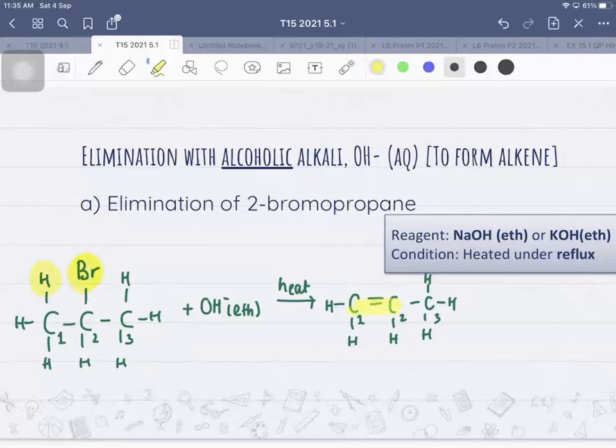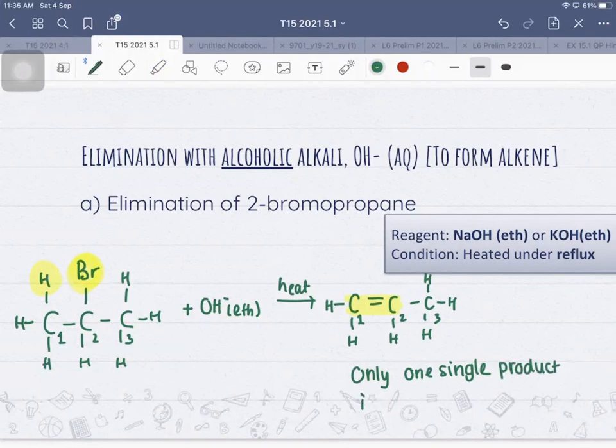Okay, you can try for the other one. When you lose bromine from carbon 2 and hydrogen from carbon number 3, if you just flip the molecule, it will be exactly the same. Okay, so only one single product is formed here. Other products would be bromide ion plus H2O.